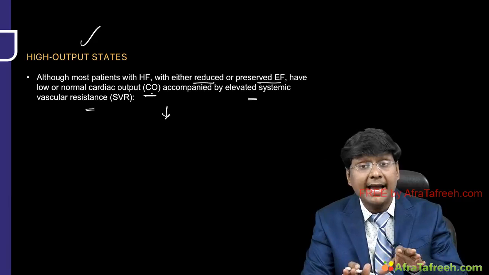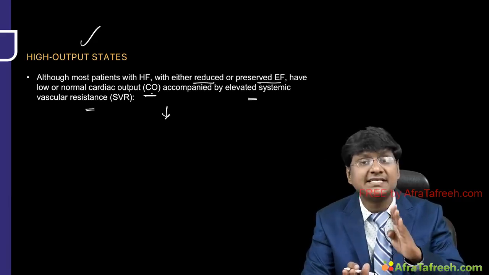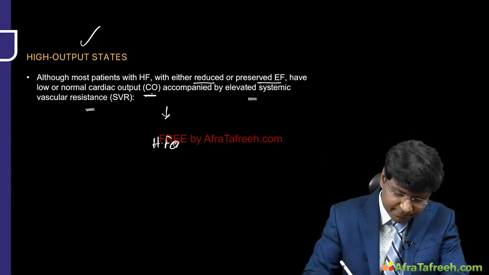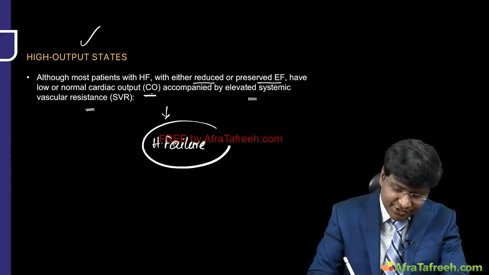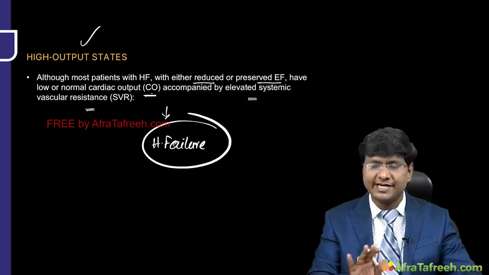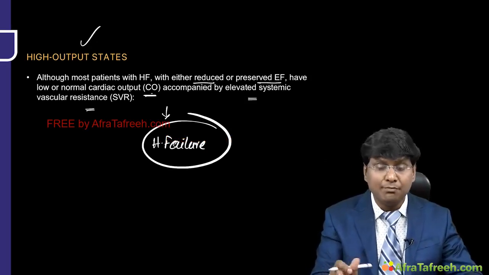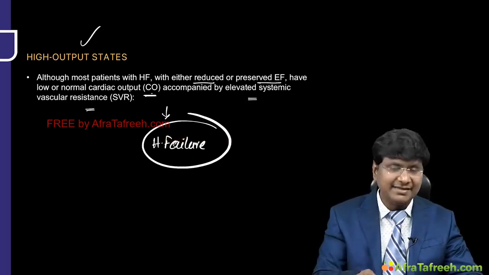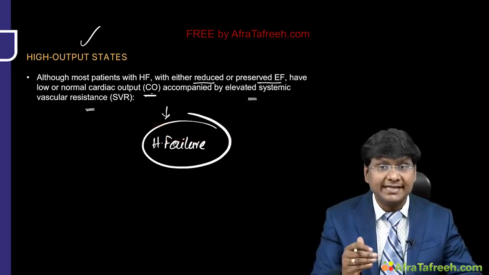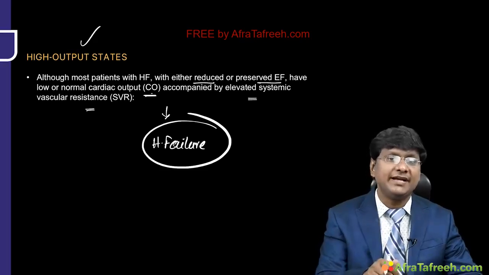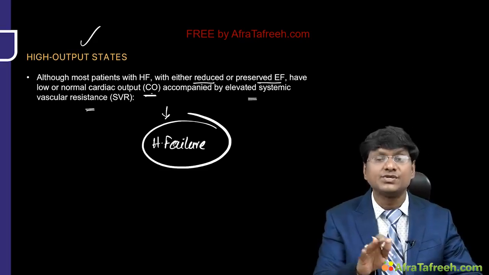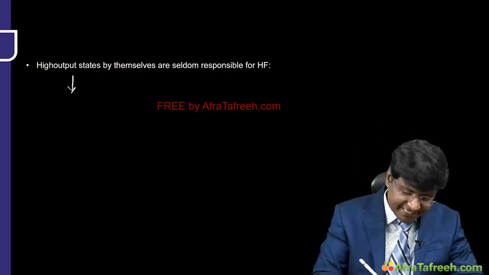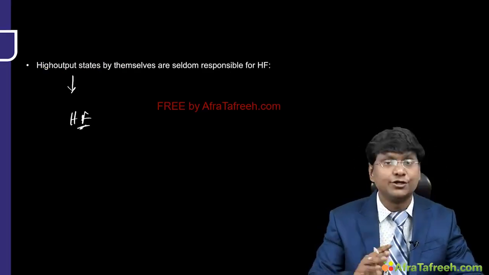This increase in the vascular resistance will contribute to the heart failure. So as such, in these patients with high output states, there is no abnormality within the heart. There is no structural pathology within the heart. But these high output states, along with elevated systemic vascular resistance, contribute to the heart failure. Okay. So basically, they precipitate the heart failure.